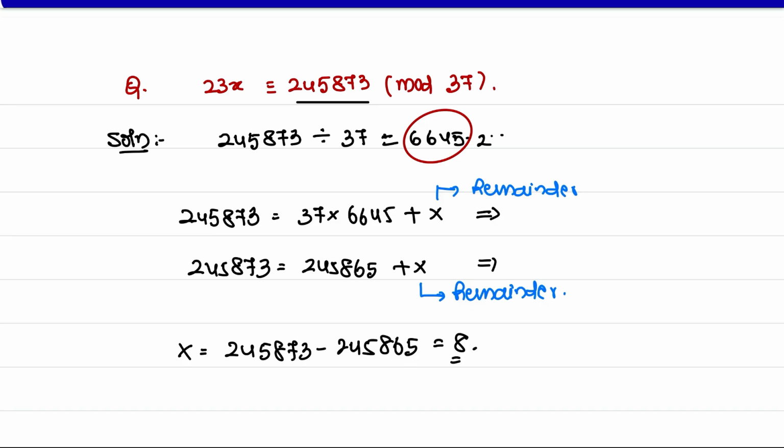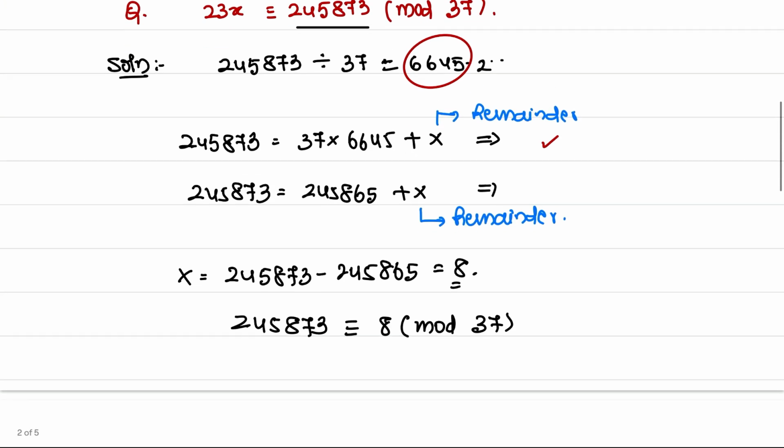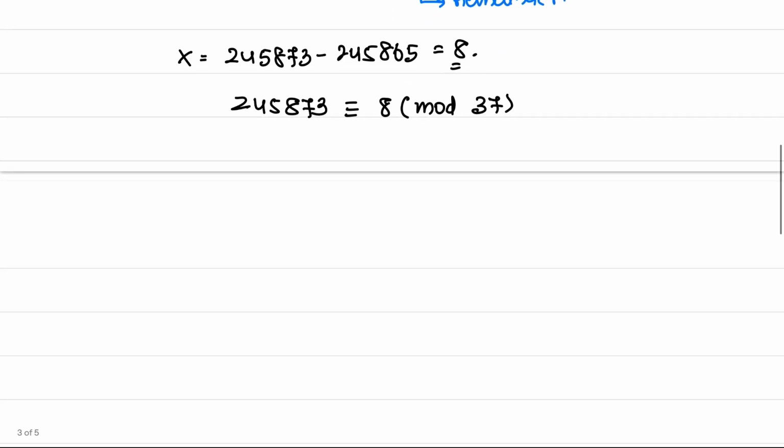Then can we write 245873 congruent to 8 mod 37? When 245873 is divided by 37, there is a remainder of 8. Now, let us compare.